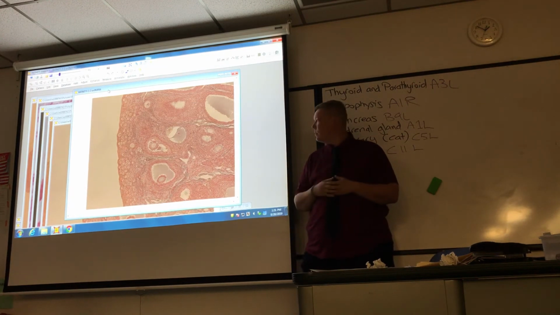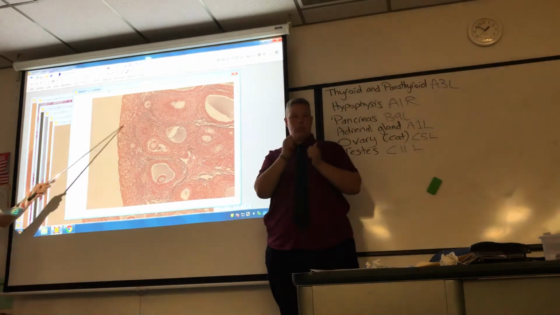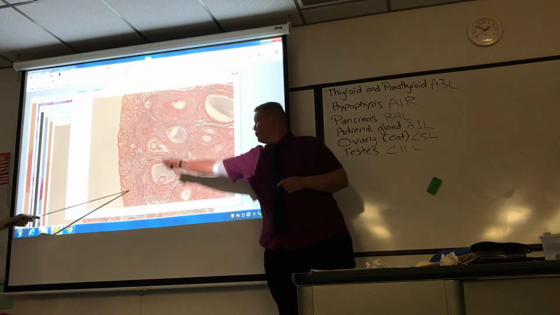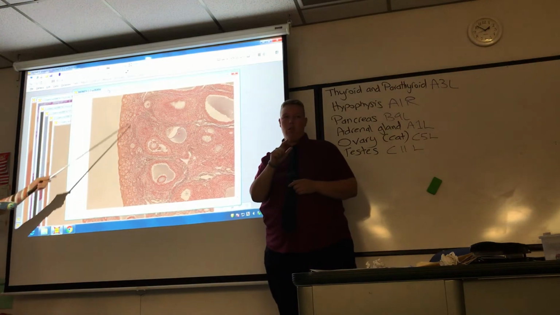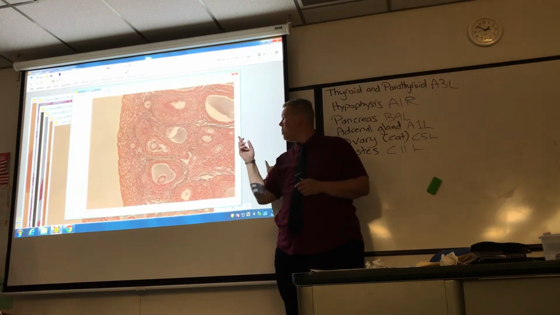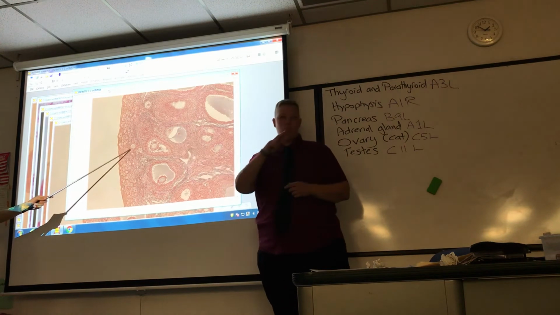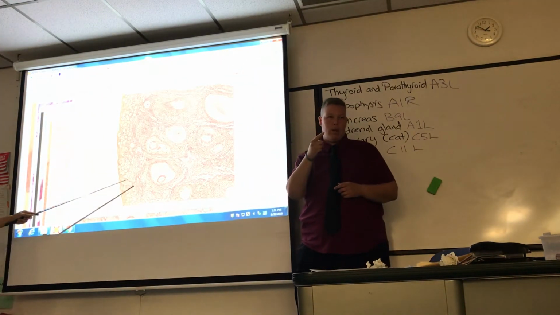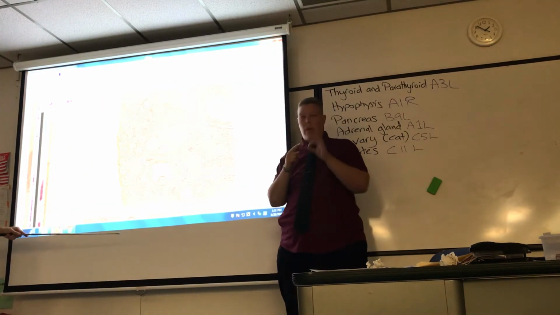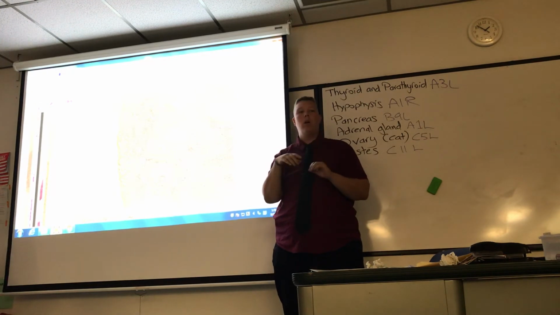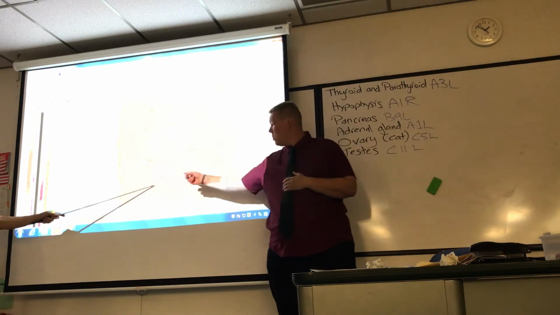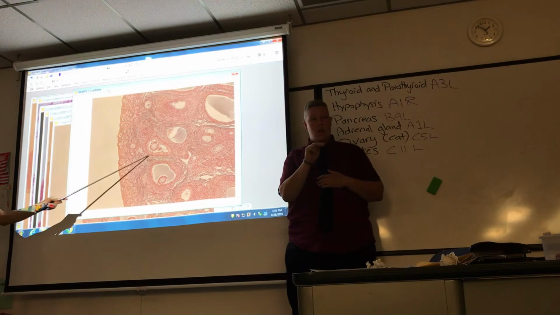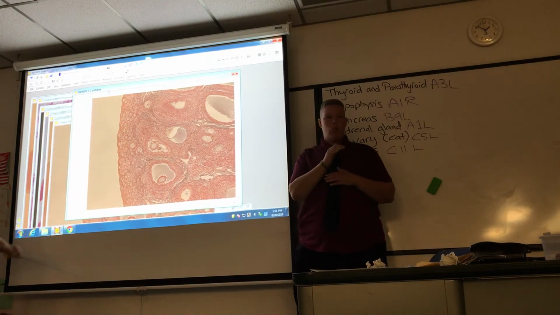The question will be, identify a stage of follicular development. What if I point to anything out here? Primordial, right? I would say this one or that one are primary. This is a good one right here. Primary. Let's go somewhere else. That's probably a Graafian. That's a good Graafian. Okay, this is somewhere in between Graafian and secondary.